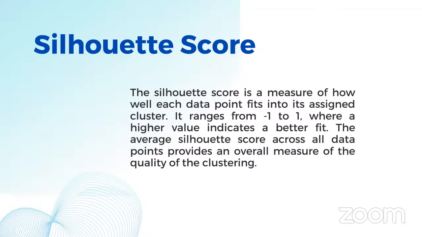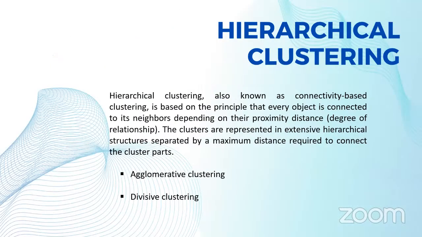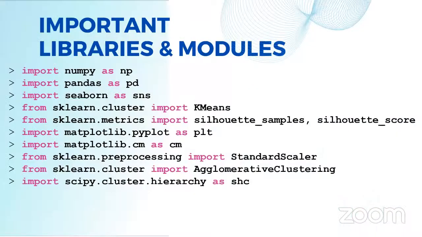In a simple way, we can say that a silhouette score near one is the ideal score. So now again today we will be seeing these important libraries and modules, and now we will move towards the programming part.